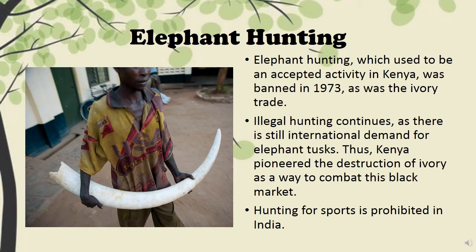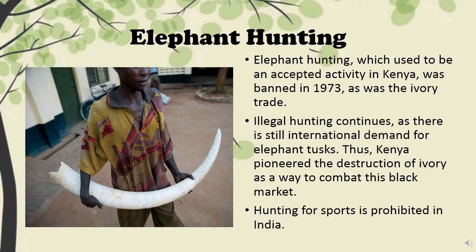So earlier they were hunted, but then people started trading with the tusks of an elephant, and so then it was banned in 1973 there. Illegal hunting continues as there is still international demand for elephant tusks. Thus, Kenya pioneered the destruction of ivory as a way to combat this black market.